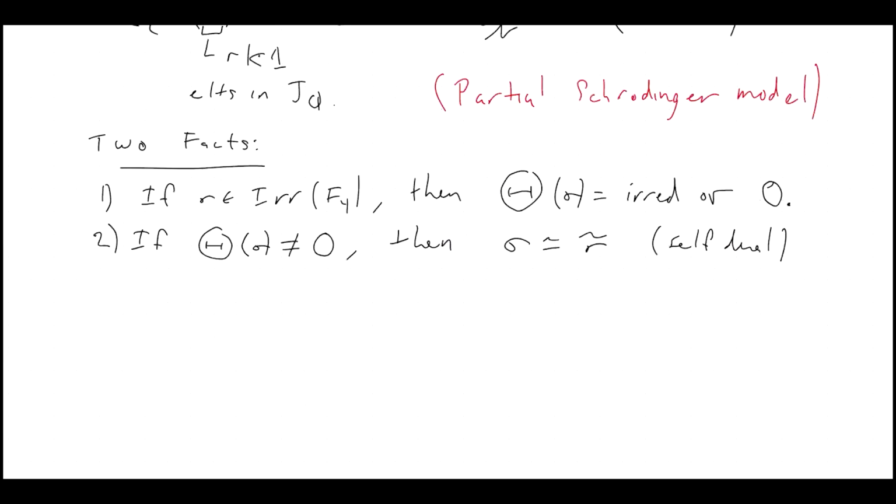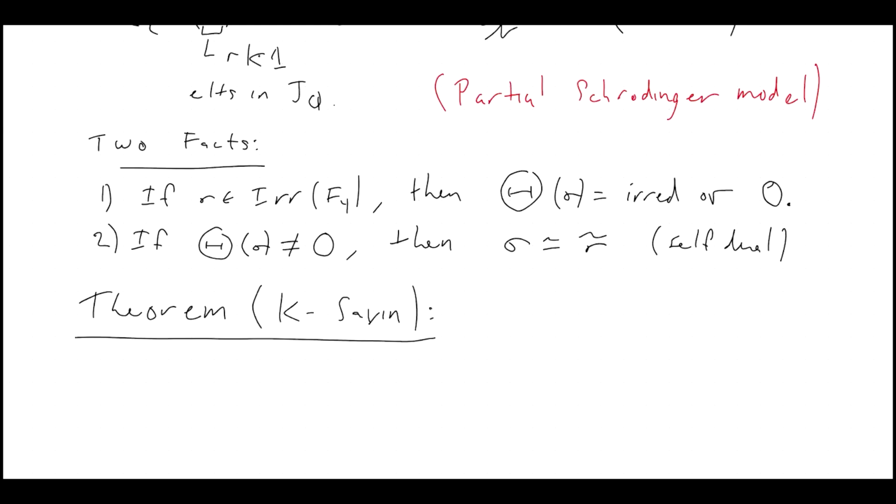All right, so now let me state the theorem on the Spin 9 distinguished representations of F4, and we'll go through at least a sketch of the proof. Again, this is coming from my joint work with Gordan Savin. Let sigma be an irreducible representation of F4. Then we have the following two statements.